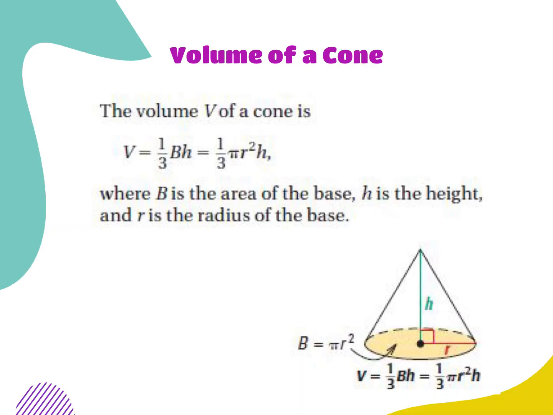So the formula for volume of a cone is just like the pyramid. Remember, the pyramid was 1/3 BH, but now the capital B in our cone is always a circle. So that capital B is going to be pi r squared. Again, that B is not going to change. So again, the formula for volume is just 1/3 pi r squared times the height of the cone.